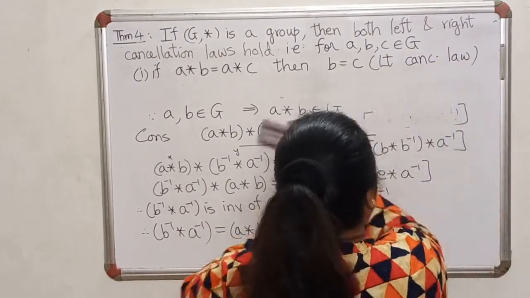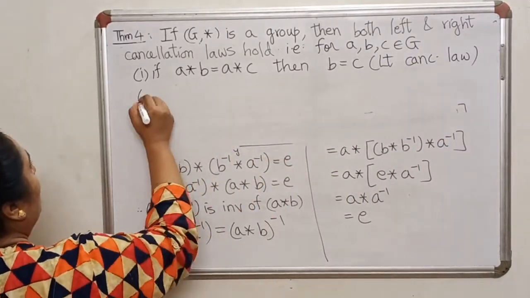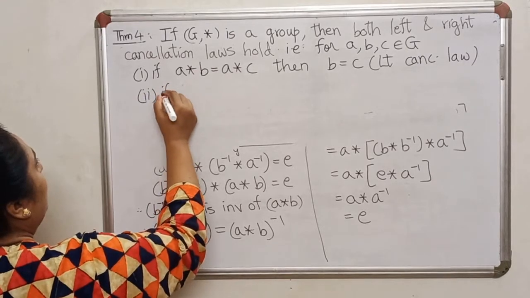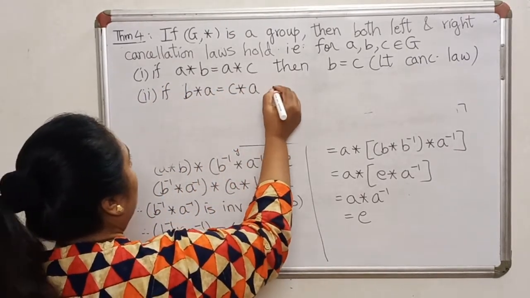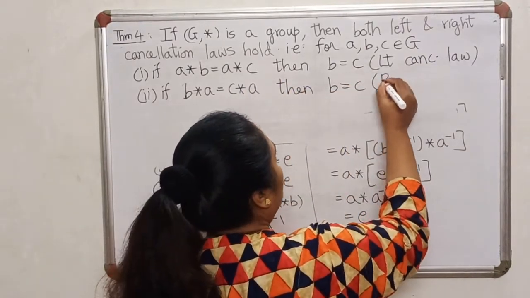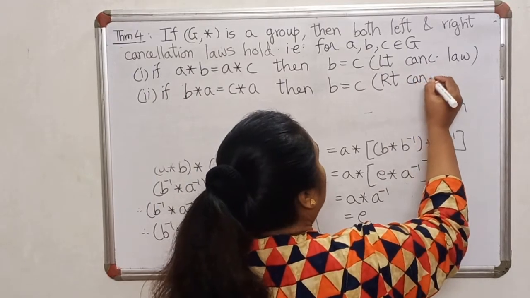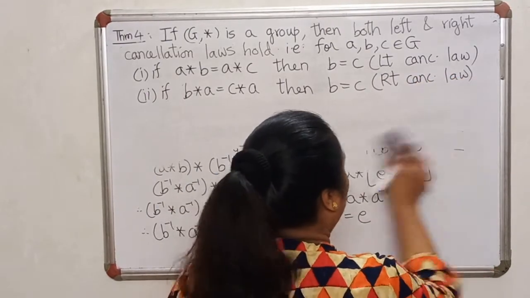And likewise, we have the right cancellation law, which says if B star A is equal to C star A, then once again B will be equal to C. This time I have cancelled the factor which is to the right on both sides of the equation.